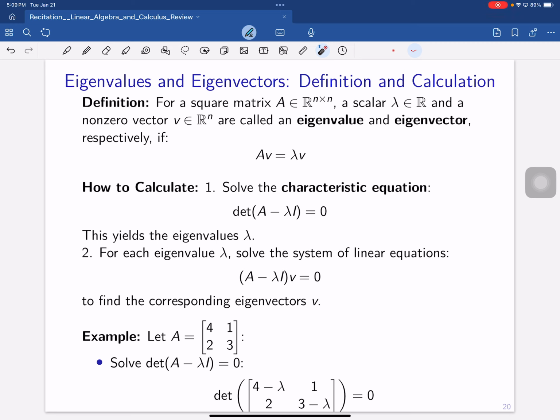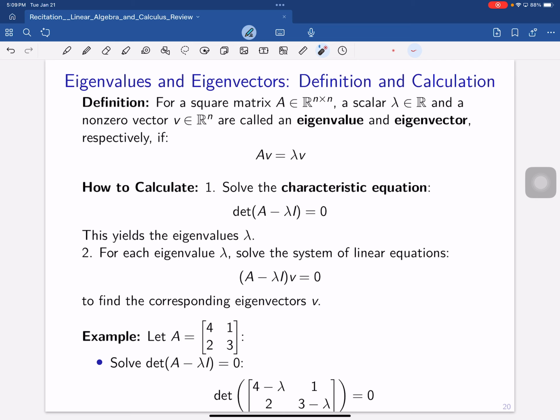Again, there is also a geometric intuition to eigenvalue and eigenvector. If you view matrix A as a linear transformation of vector space, then eigenvectors are those vectors that remain in the same direction after the linear transformation. So if you transform v by matrix A, they still remain on the same line. So that is an eigenvector.